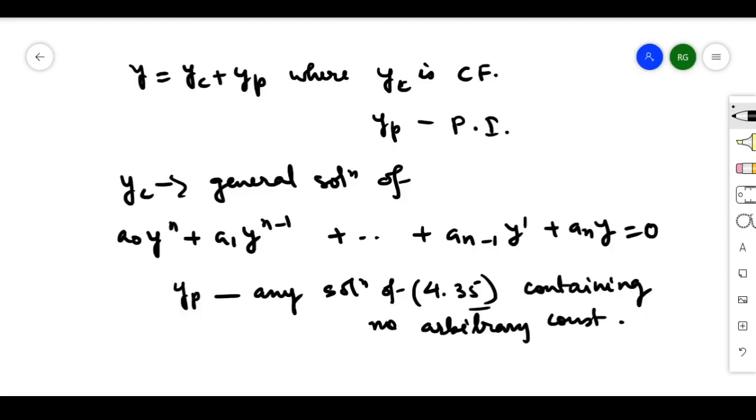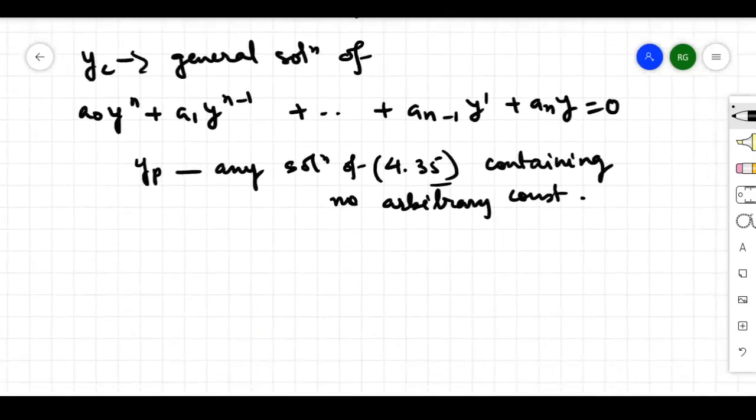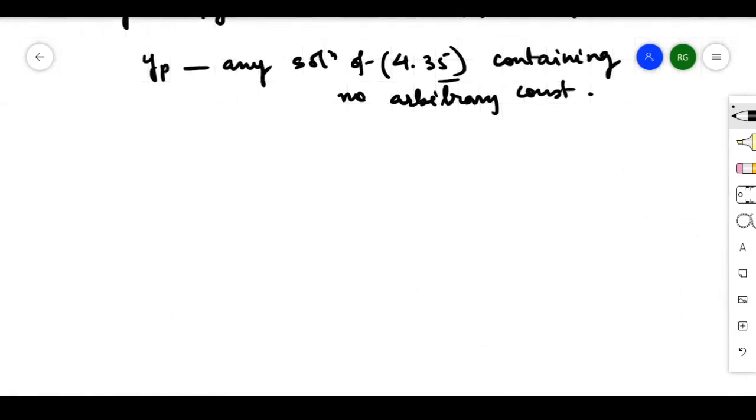And we have already learned how to find the complementary function, because the complementary function is actually the general solution of the homogeneous equation obtained from the given non-homogeneous equation just by putting 0 on the right hand side. Now we consider the method of undetermined coefficients.